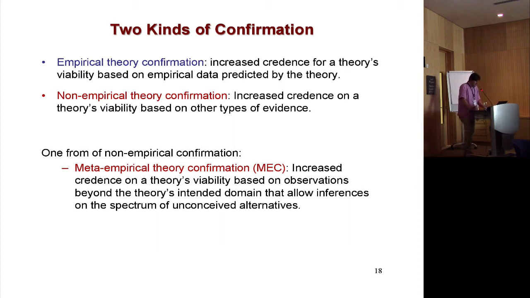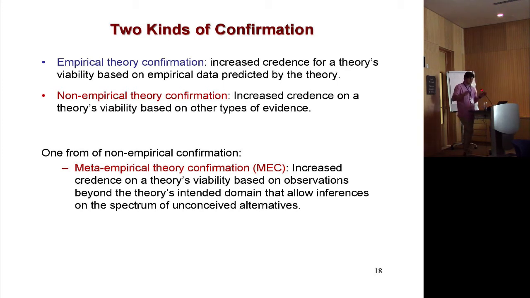And I define this as confirmation that provides increased credence on a theory's viability based on observations that are beyond the theory's intended domain, but that allow inferences on the spectrum of unconceived alternatives.